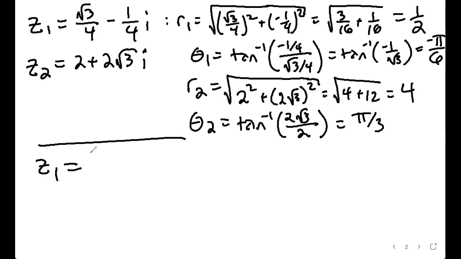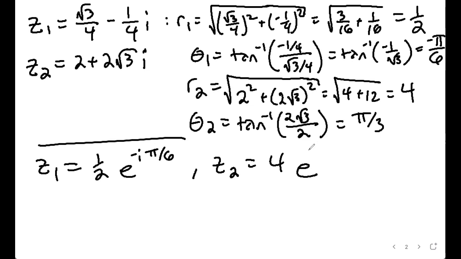Z1 we can write as R1 e to the i theta 1, one half e to the negative i pi over 6. Z2 is 4 times e to the i pi over 3. And so to multiply these two together, Z1 times Z2 is just 1/2 times 4.